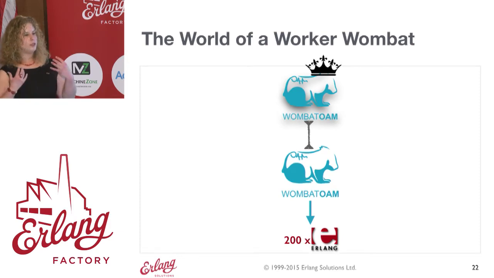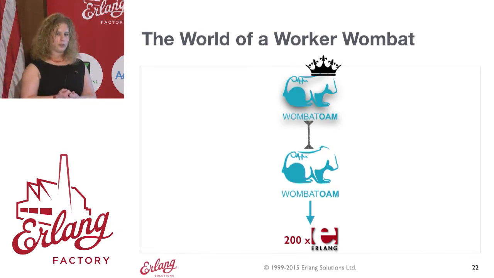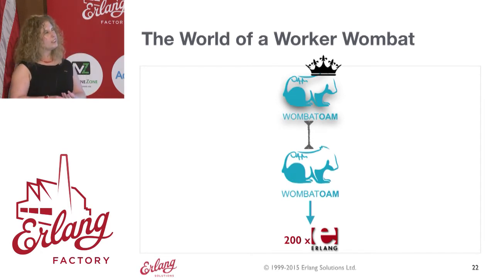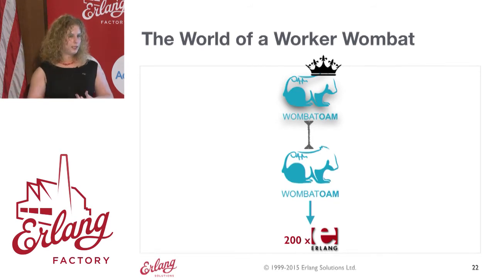By limiting the world of a Wombat, we also limited the information. At first sight, it sounds like a problem, but actually it is a benefit, because by this we control the maximum amount of information with which one worker Wombat can deal. Now it is very, very unlikely to overload one worker Wombat.